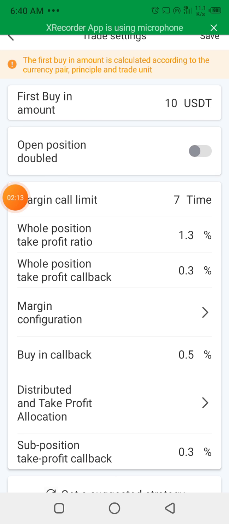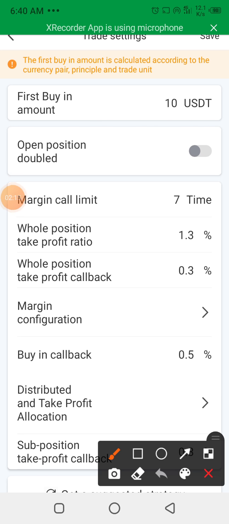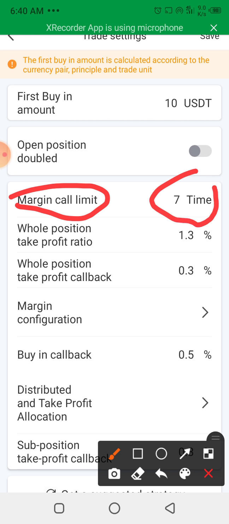Then margin call limit. What does it mean? It means how many times deep would you want the system to call for 10 USDT.